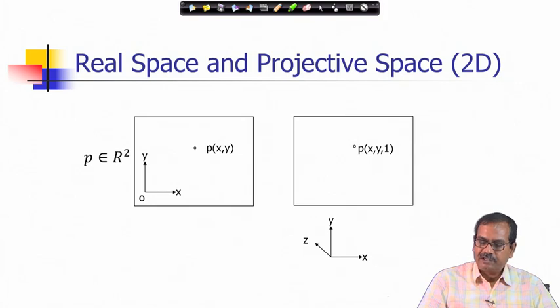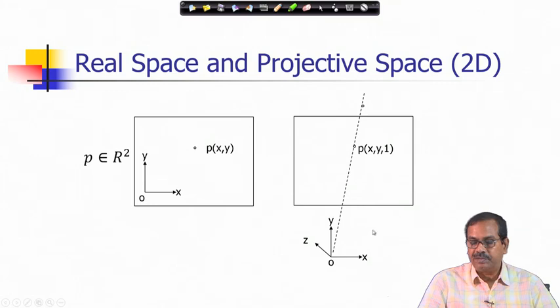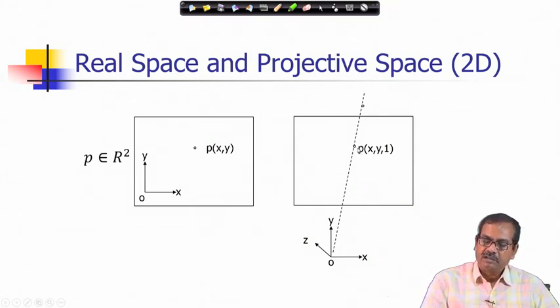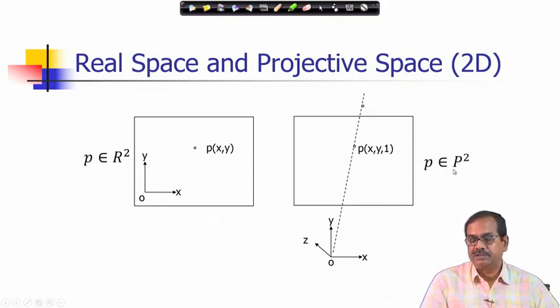If we apply the rule of perspective projection, in this three-dimensional space there is a point which is the origin, and a ray passing through this particular point P. That ray itself is represented by this point, and any point on this ray is equivalently represented by this two-dimensional point. This is what a point in a projective space is, and we call this a two-dimensional projective space.